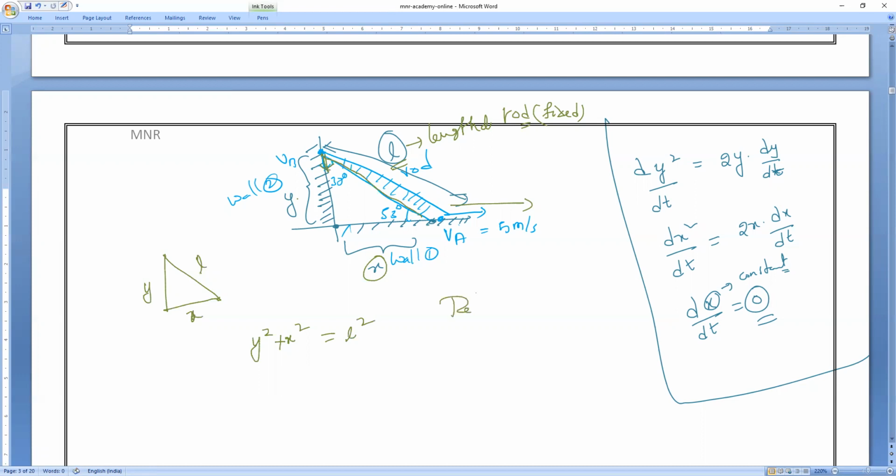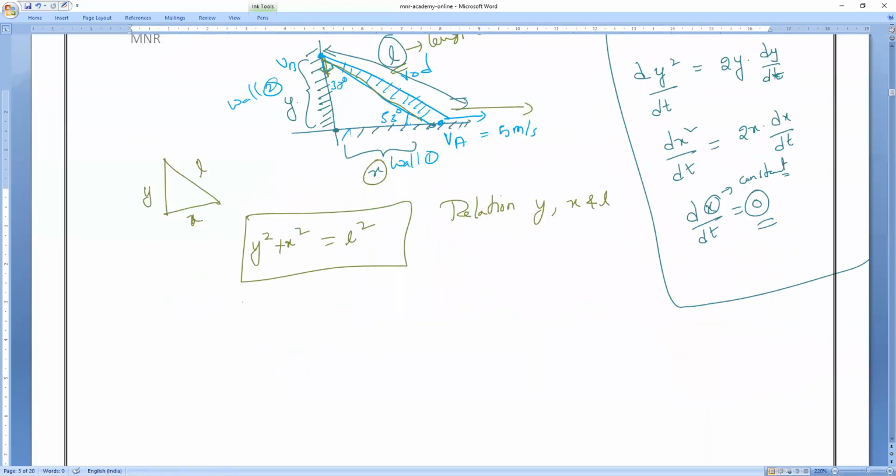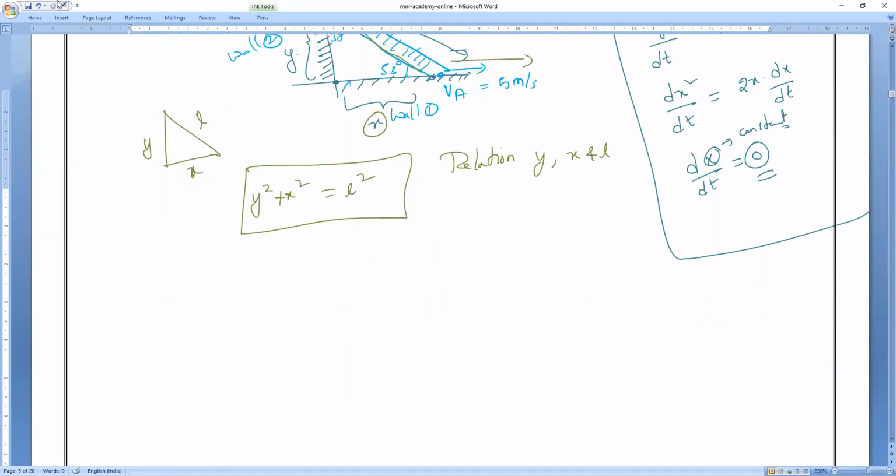What is the relation between y, x and L? Hypotenuse square is equal to opposite square plus adjacent square. Am I right? So when the body is moving forward, x will increase, and y will decrease.